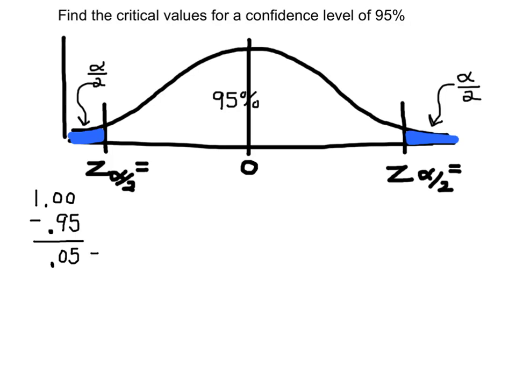So that's what alpha is. But if we want to know what alpha over 2 is, we have to cut 0.05 in half. If we cut 0.05 in half, it's 0.025. And that represents half of alpha. And that's what we care about here, our half of alpha.